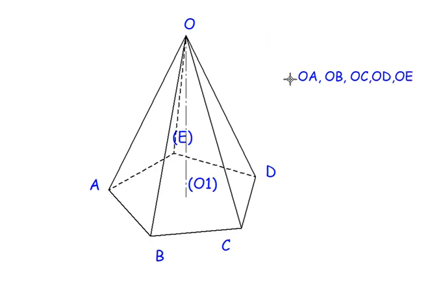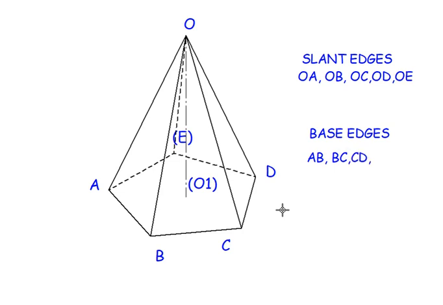Similarly, we are going to consider the base edges, which are AB, BC, CD, DE, EA. So these are the five base edges. These are nothing but slant edges.